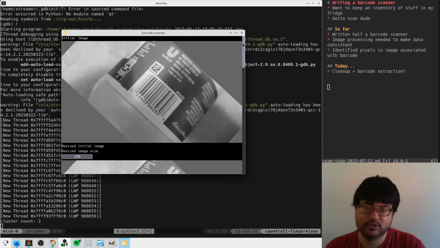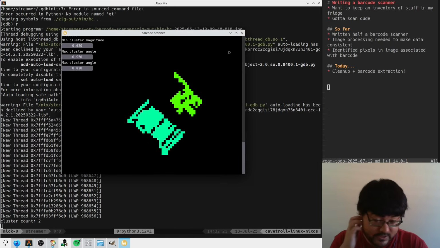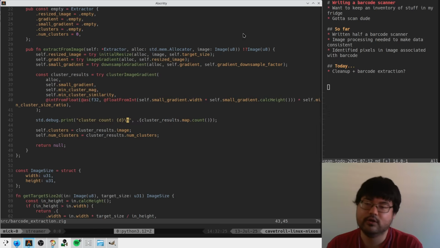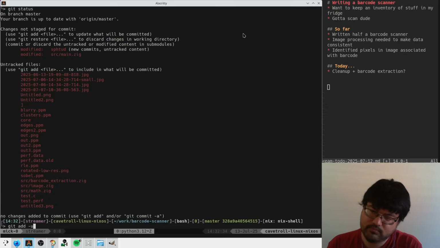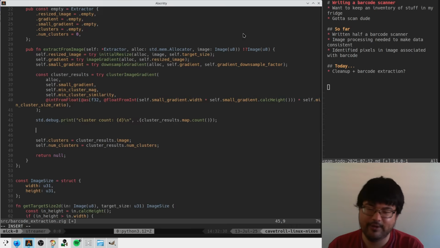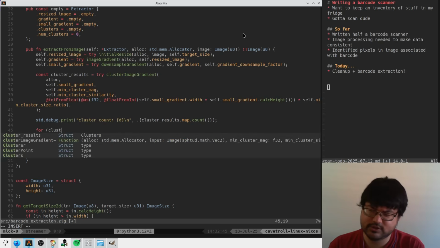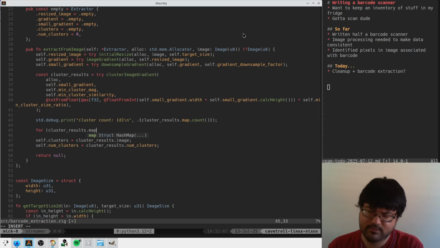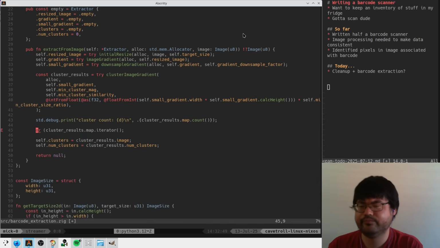Cluster count 2. Okay, so we do have 2 potential clusters, 2 potential barcodes, so that is correct. Which means that this map is probably right. Let's do a quick smiley commit just in case, for cluster results map iterator, I guess.